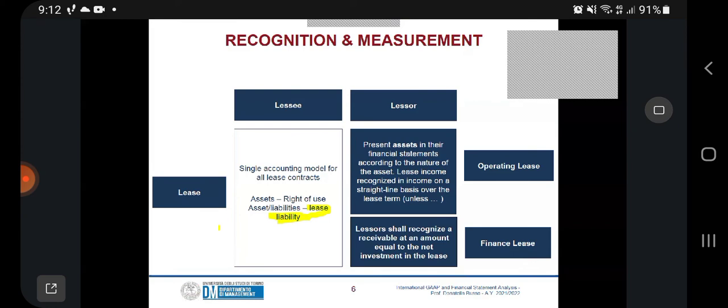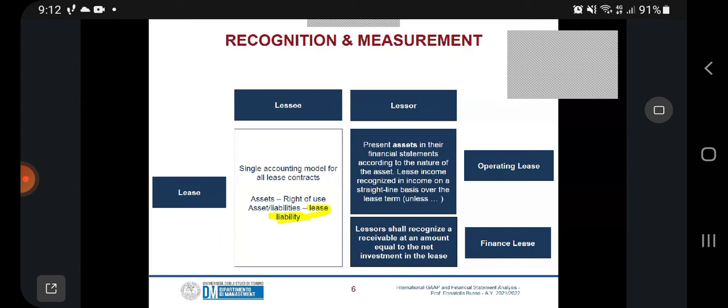Do you agree? I repeat again. You sign a contract. This contract allows you to use the building, the car, the machine, the plant for a period of time, 1 year, 2 years, 4 years, 10 years, in exchange for a consideration. The consideration can be paid immediately by the upfront. In most contracts, the consideration is paid little by little, step by step, month after month, with the installments.